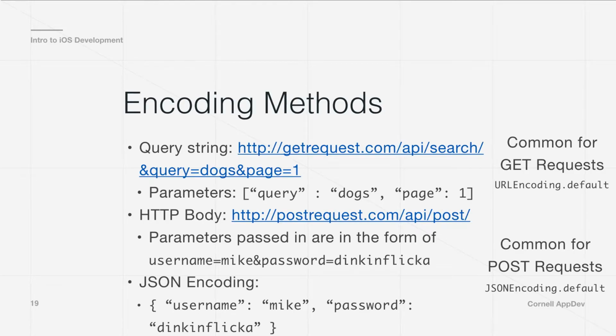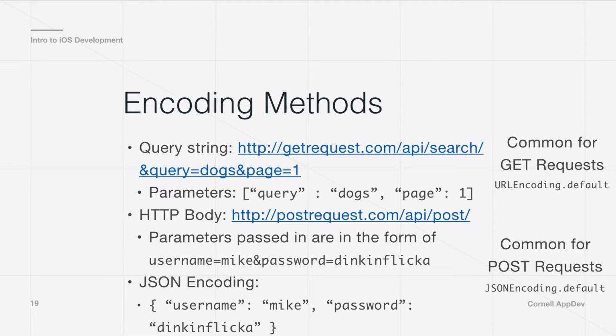So there's a bunch of encoding methods. The three most common ones are query string, HTTP body, and JSON encoding. The first one is typically used for GET requests. For example, if you are making a request for searching for dogs on the internet and you want the first page of results, your parameters would be like a dictionary. You have two arguments, query, which maps to a string called dogs, and then page, which maps to 1.